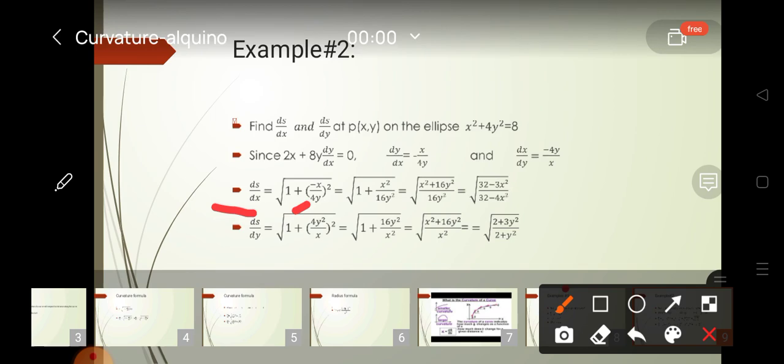So it is equal to the square root of x squared plus 16y squared over 16y squared.